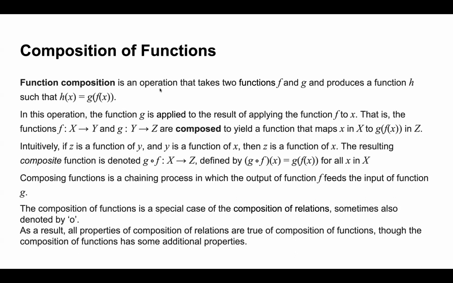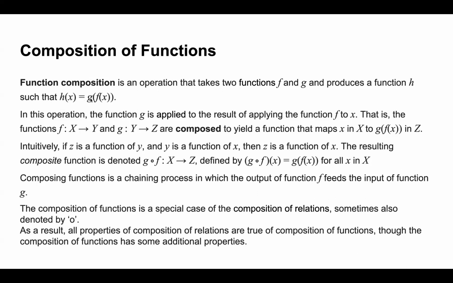Function composition is an operation that takes two functions f and g and produces a function h such that h of x is equal to g of f of x. What is h of x? g of f of x. This is a very important bit, so don't get confused.